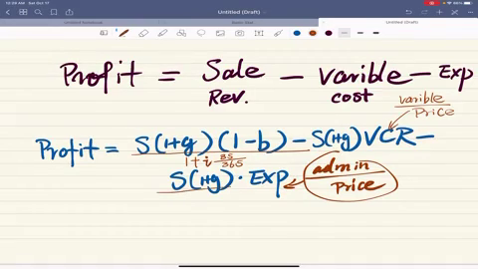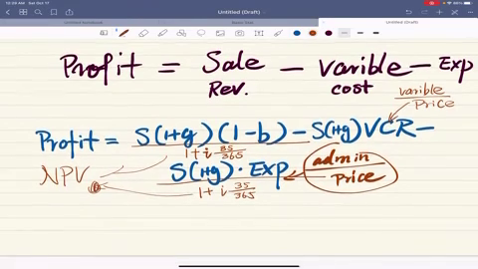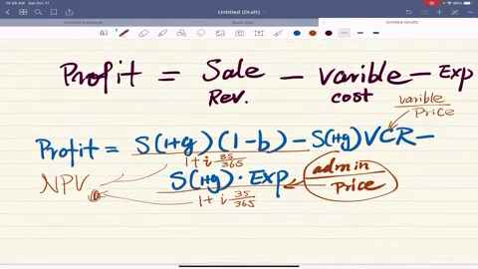And you also discount your administrative expense, it's the same thing. Now you have the profit. This profit is called the net present value. So you discount every value to one point in time, so you can compare them consistently.